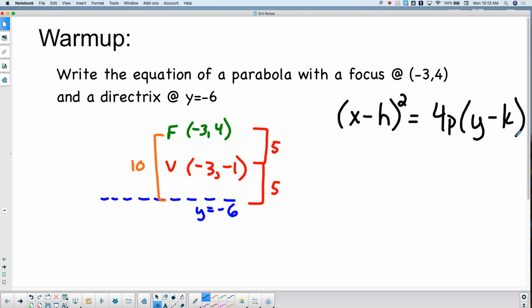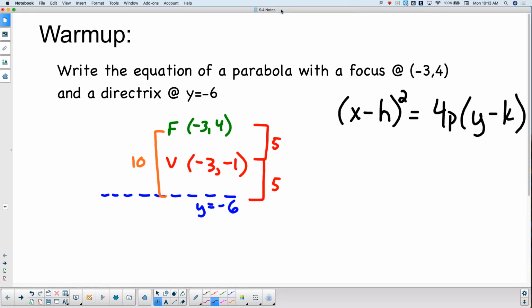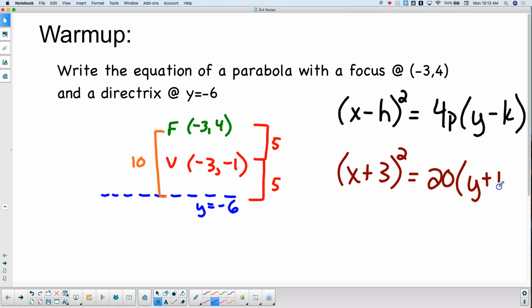Okay, so I have enough to make my equation, and my equation is x plus 3 quantity squared equals 20 times y plus 1.